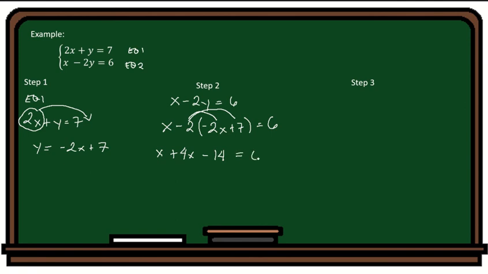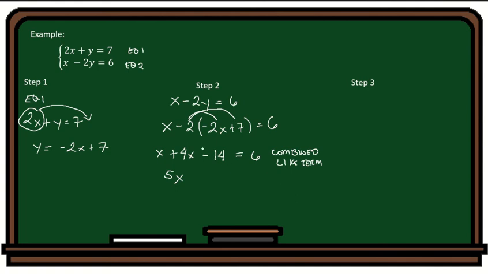And equal to 6. This part will now have the combining of like terms. When we say like terms, these are terms with the same variable and exponent. Since x and 4x are like terms, we can combine them. So x plus 4x is equal to 5x.